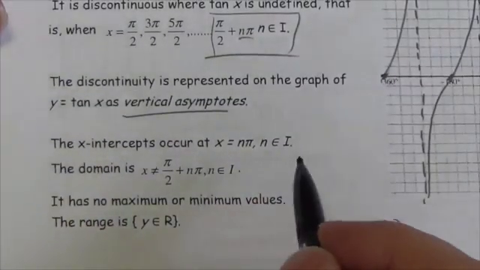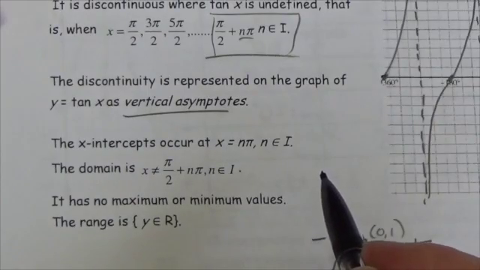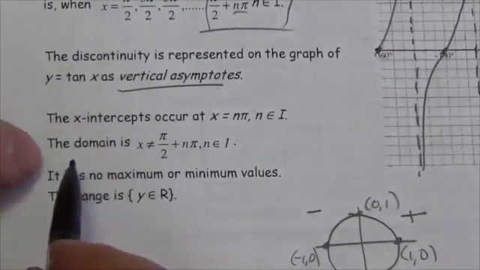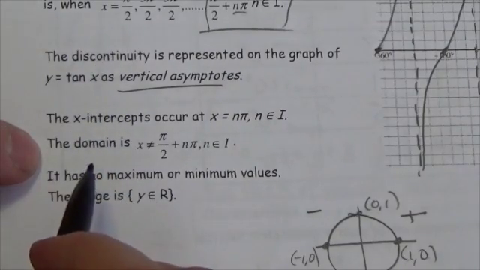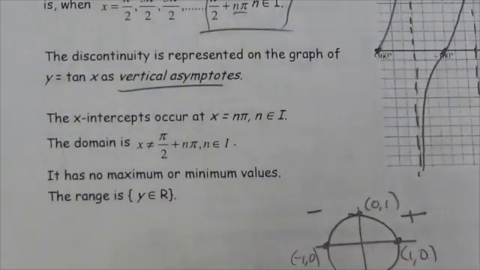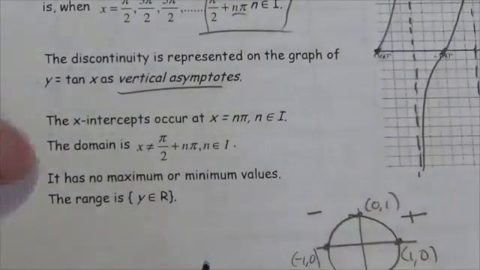It's going to have x-intercepts at basically multiples of pi. And then the domain here is going to reflect what we saw with the discontinuities. Basically, to identify the domain of tangent, you're going to identify where the problems exist, and the problems exist at those vertical asymptotes.